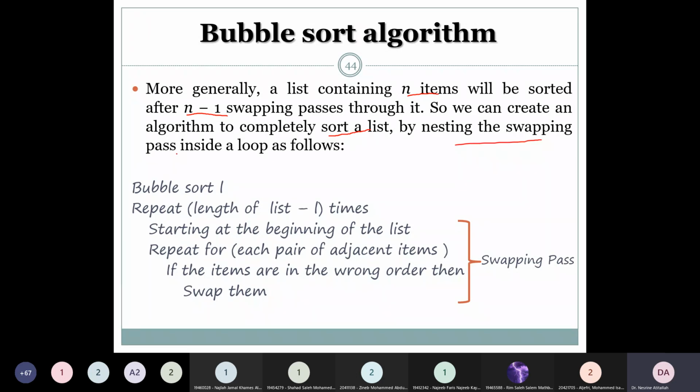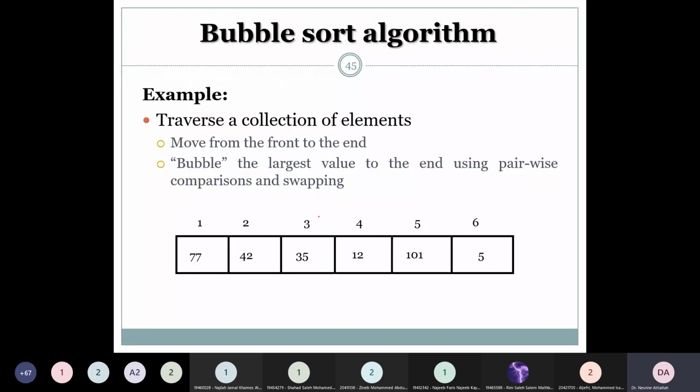The bubble sort: I will repeat, the length of the list minus 1 times, starting at the beginning of the list, repeat for each pair of adjacent items. If the items are in the wrong order, then swap them, okay? So this is the swapping pass, and I will repeat this swapping pass n-1 times. Okay, so look at this example now.